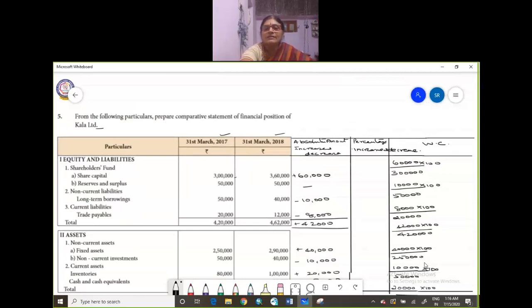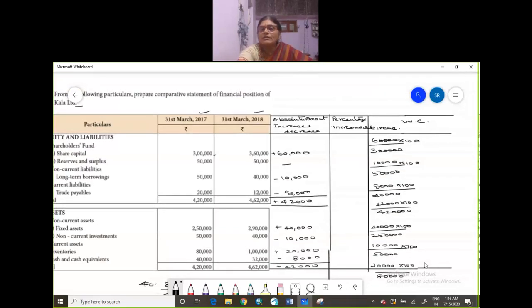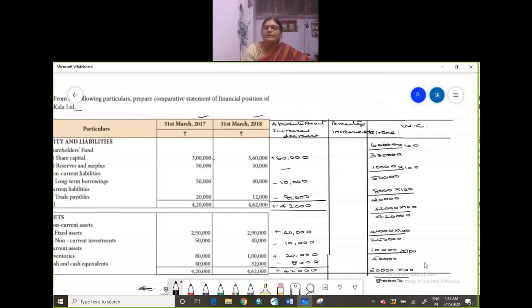The first one, 60,000 divided by 3 lakh. The zeros get cancelled here, and the 3 goes into it.